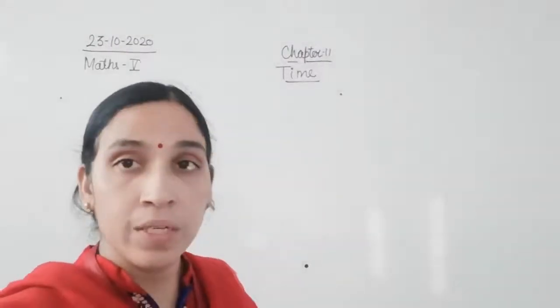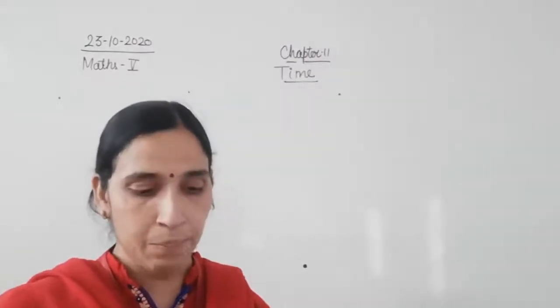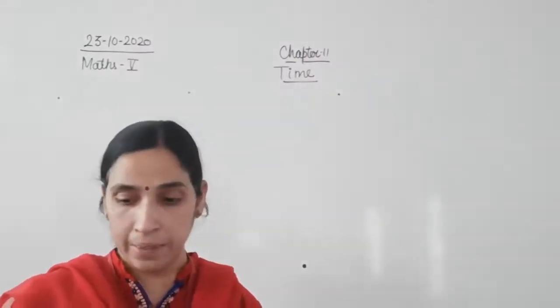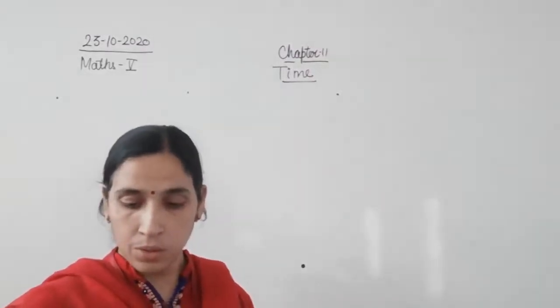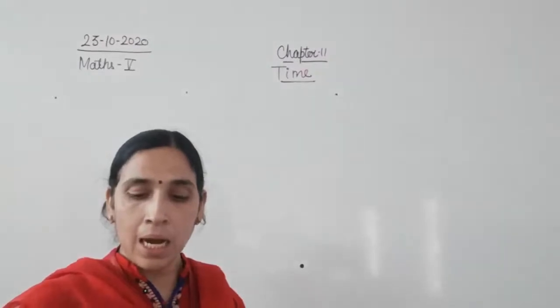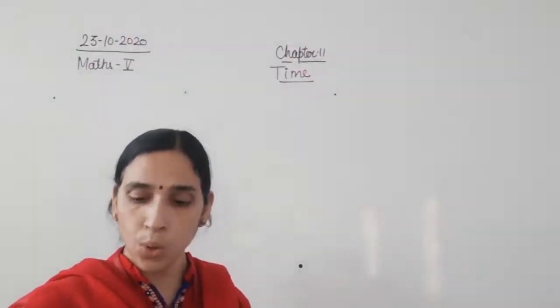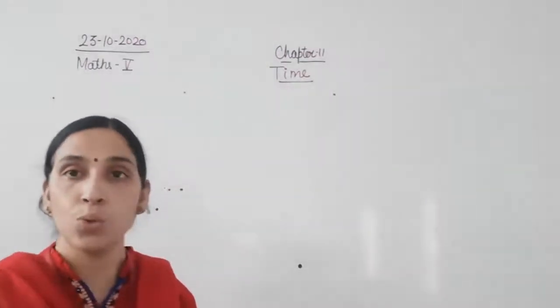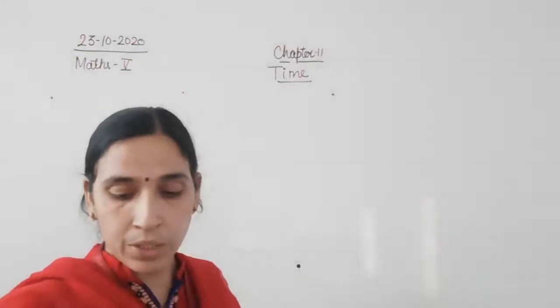Now what is the first example in your book? The school opens at 7:30 AM and closes at 2:15 PM. How long does the school function? What is the question here?